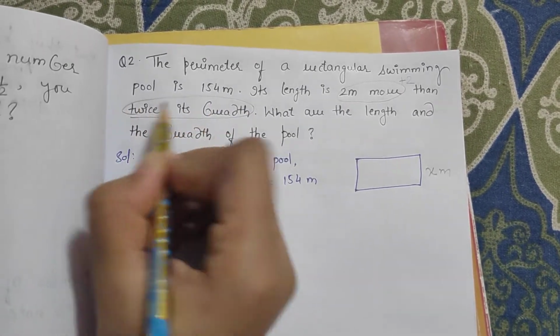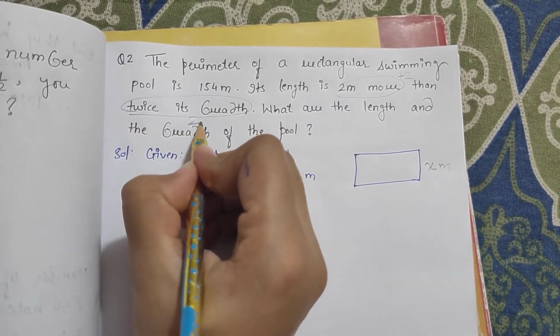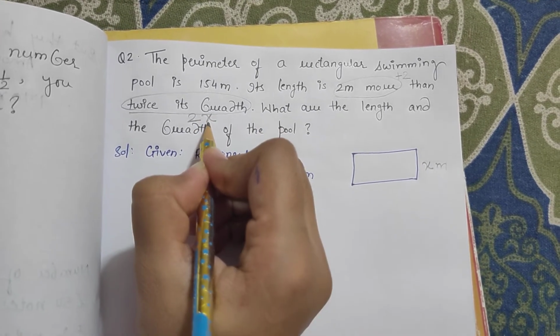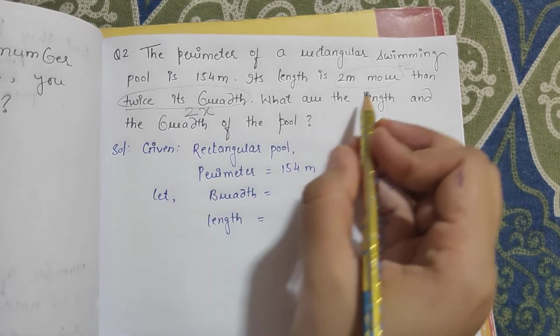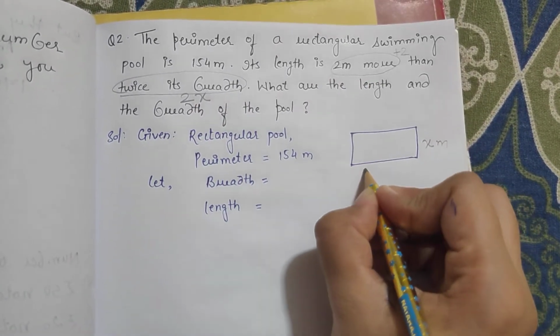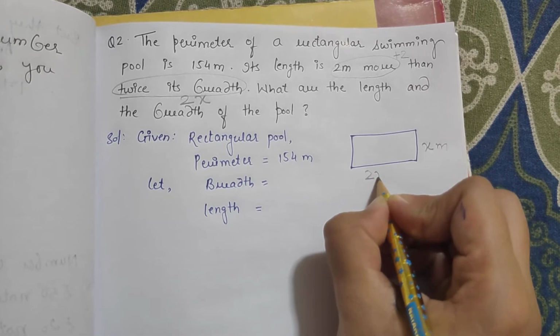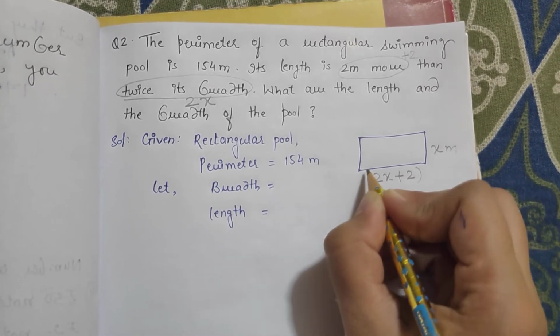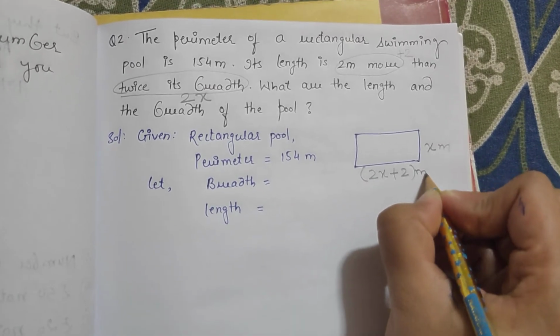Twice its breadth means we have to take 2 times breadth, and we have taken breadth as x meter. So by considering these conditions, we can say that the length is nothing but 2 times breadth plus 2 meter more.